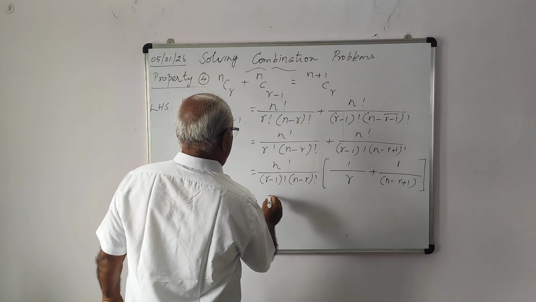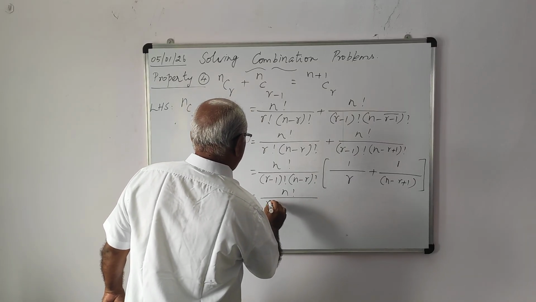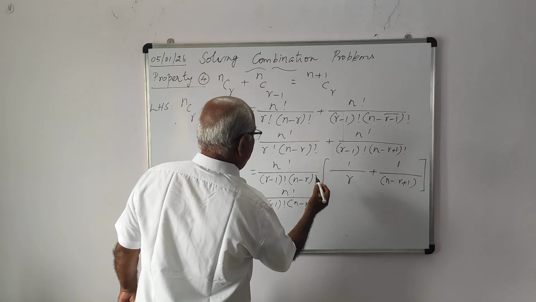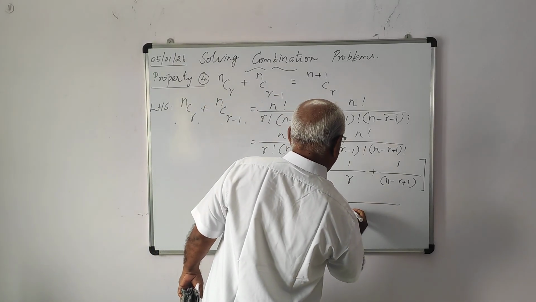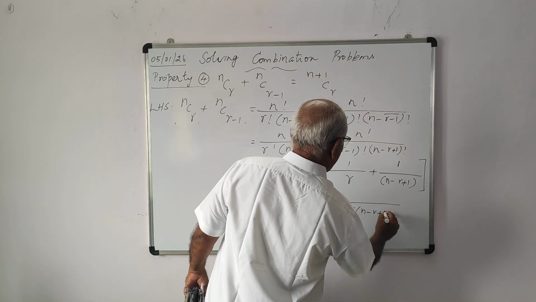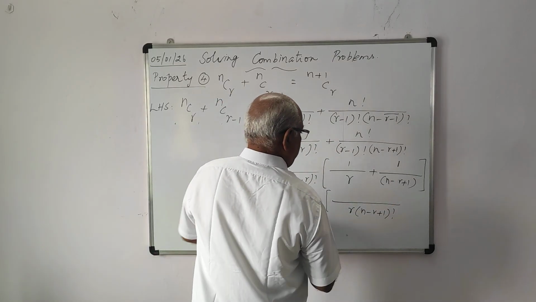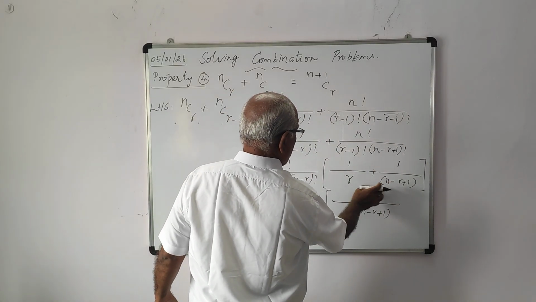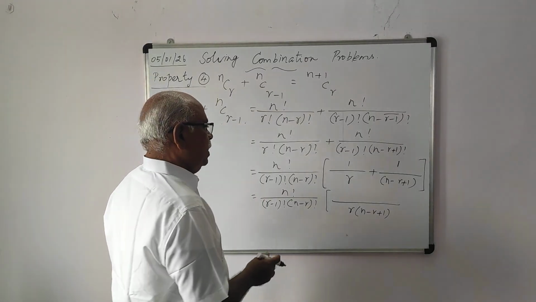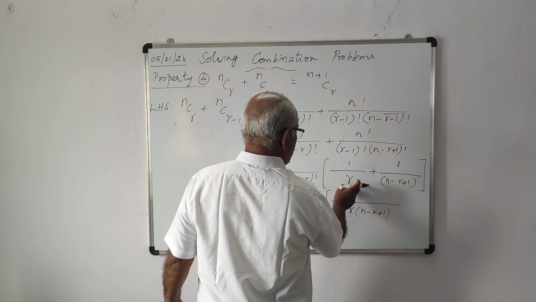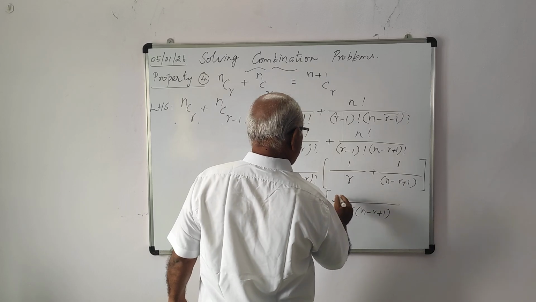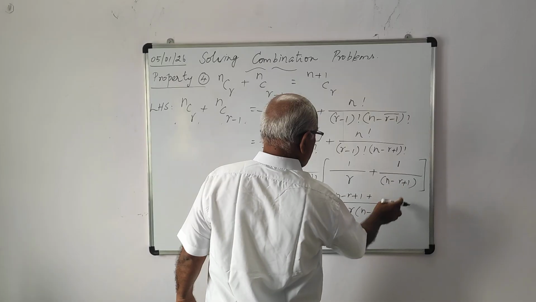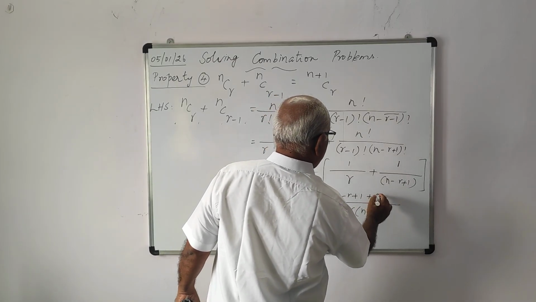Now this is n factorial by r minus 1 factorial into n minus r factorial. Take r into n minus r plus 1 as a common term, as the LCM of these two. In the numerator, in the first term, r is divided by these two terms, we will get n minus r plus 1 only. Plus from the second term, n minus r plus 1 is cancelled, you will get only r.